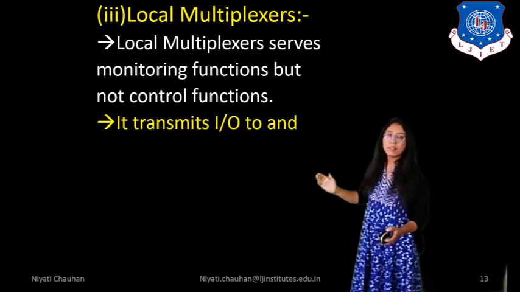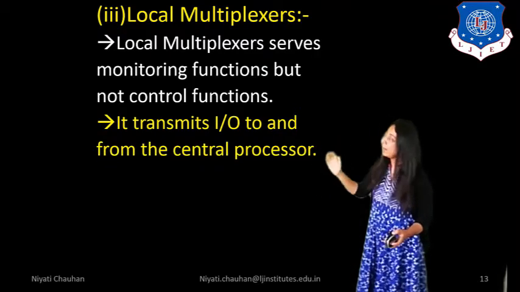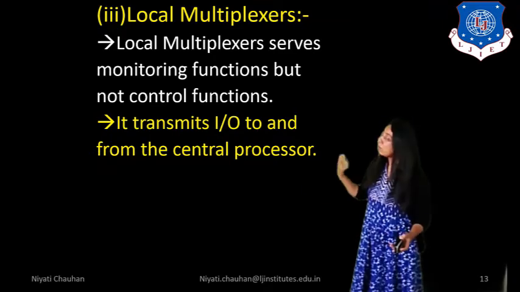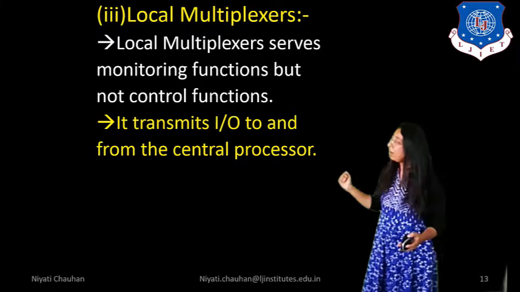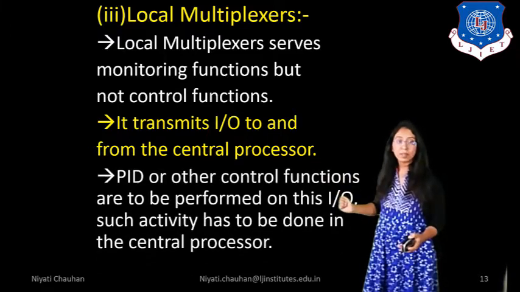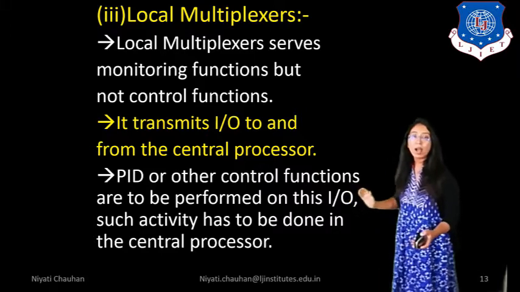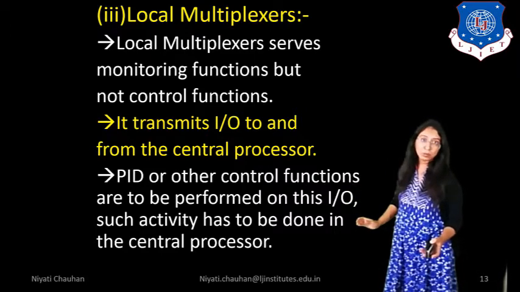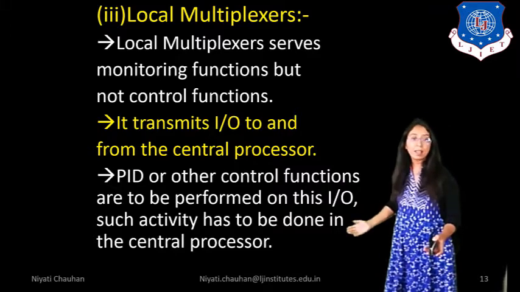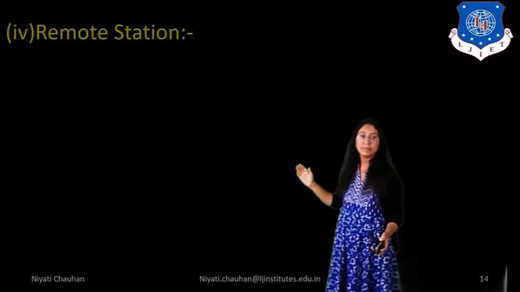It transmits input output to and from the central processor. PID or other control functions that are to be performed on this input output have to be done in the central processor.